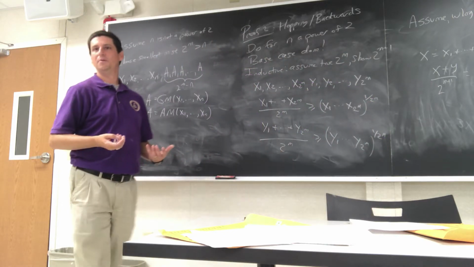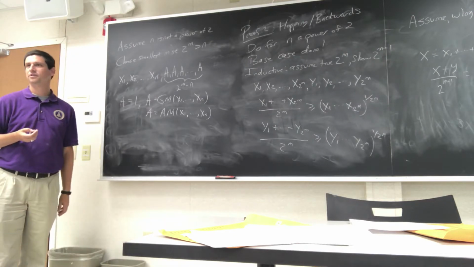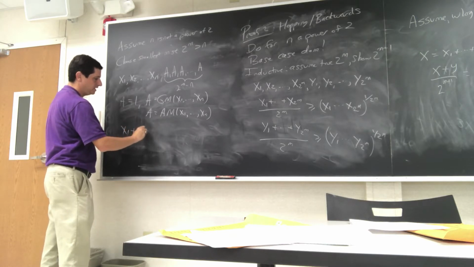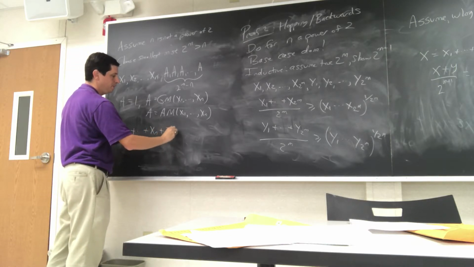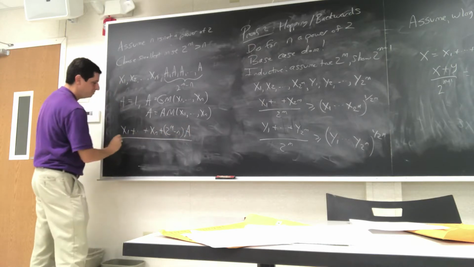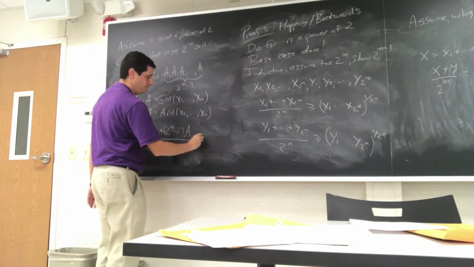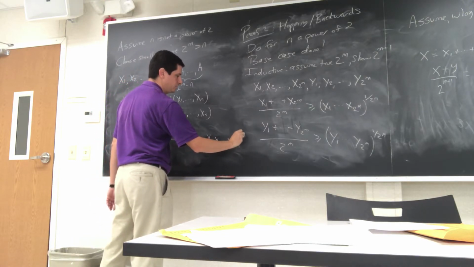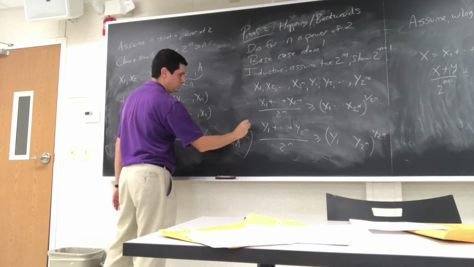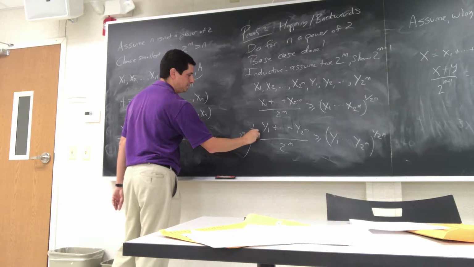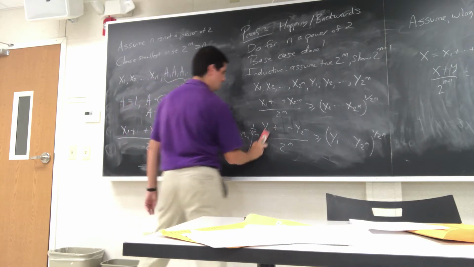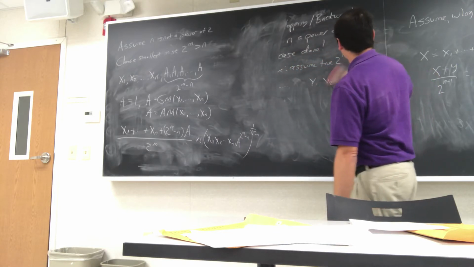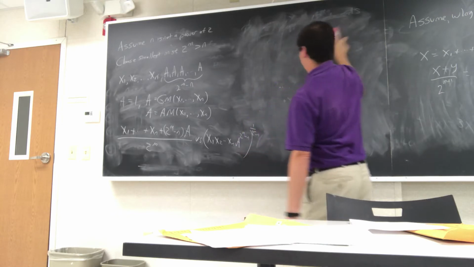You can try all of them, but I do claim one of the choices is more natural. You're going to be looking at x1 plus through xn plus 2 to the m minus n A's, divided by 2 to the m, versus x1, x2, through xn, and then A to the 2 to the m minus n, to the 1 over 2 to the m. So what do you think is the best choice for A?